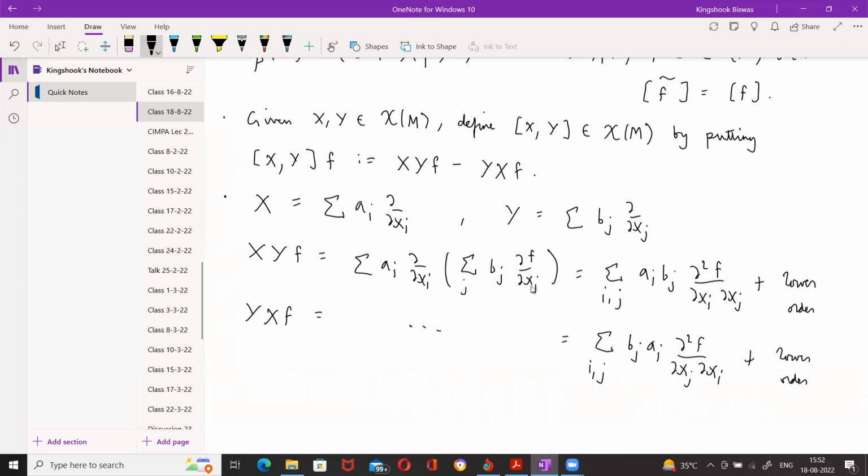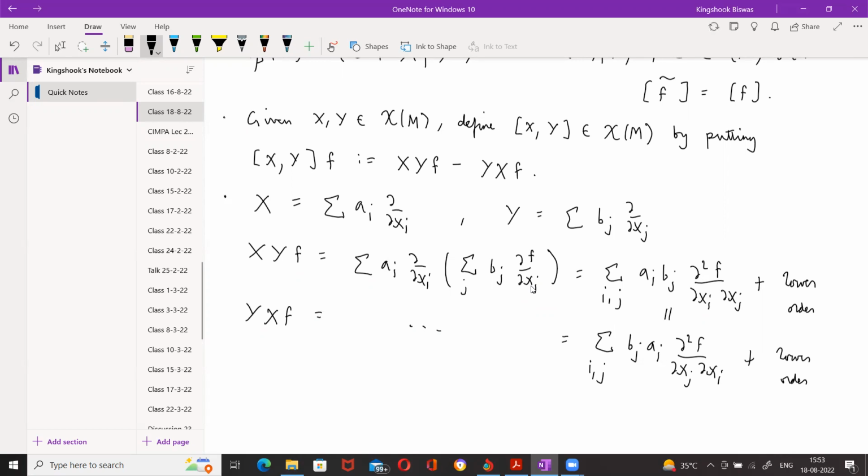Now what happens when I take the difference? The highest order terms are equal, because of equality of mixed partial derivatives. So when I take the difference, the second degree terms cancel. What remains is a first order differential operator, which is a vector field. Is this clear now?